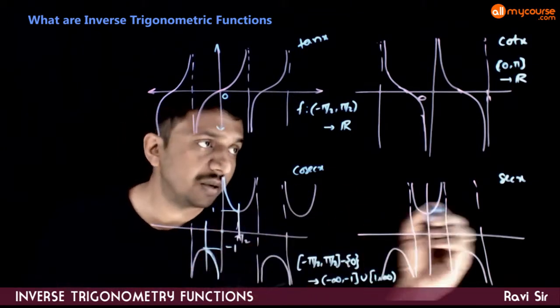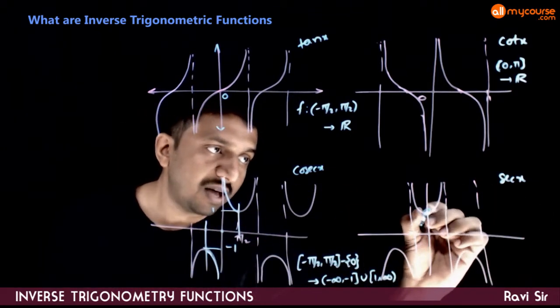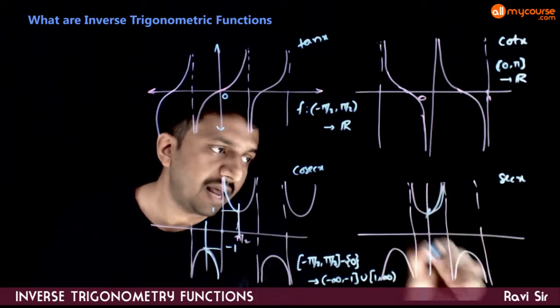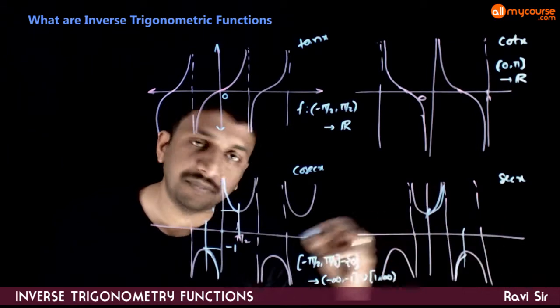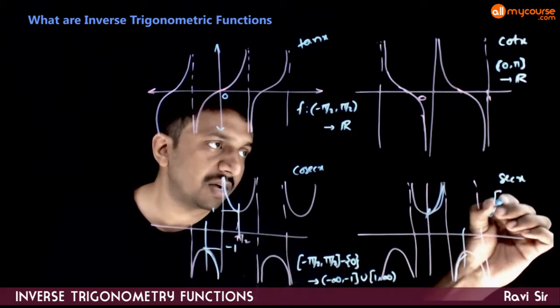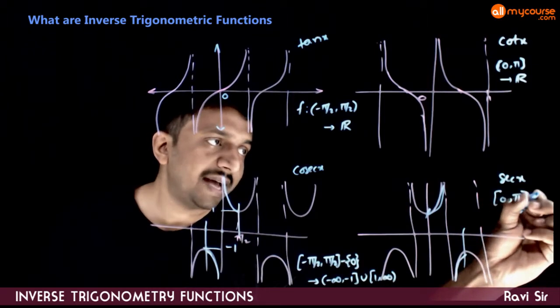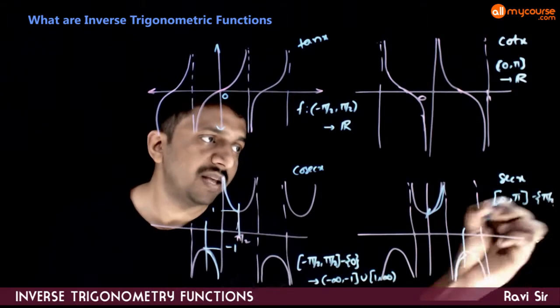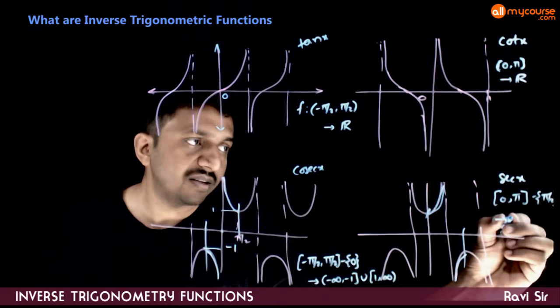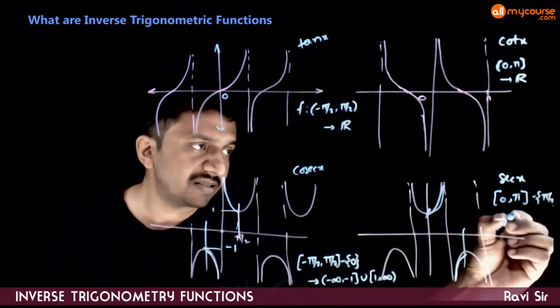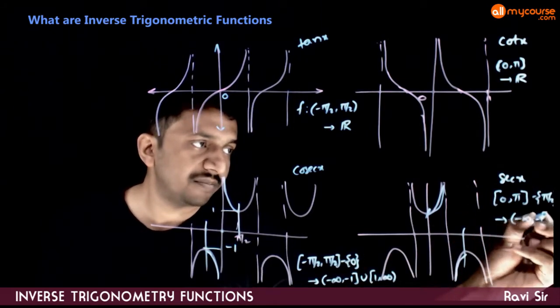For secant x, we take half of this arm and half of this arm. So the domain is closed 0 to π except π/2, and the range is again the same as cosecant.